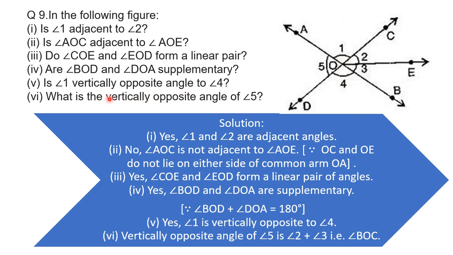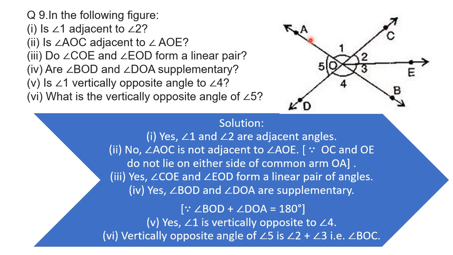Sixth problem is, what is the vertically opposite angle of angle 5? So see, again AB and CD are the two lines intersecting at point O. So this angle 5 and this angle 2 and 3, that means angle COB.